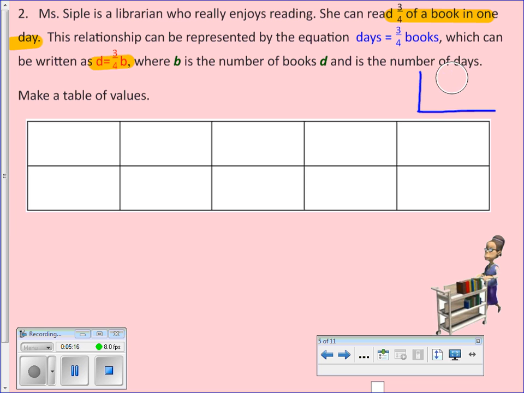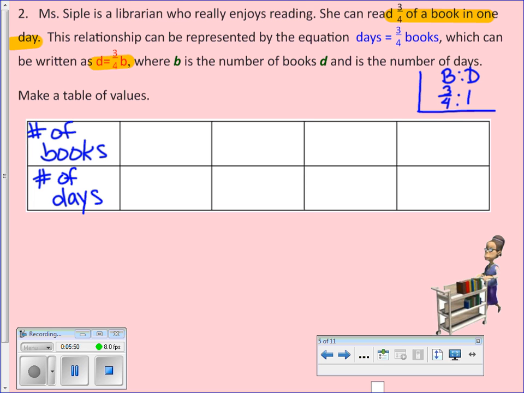In fact, I'm going to switch this around because here it says books in one day. So she reads 3/4 of a book in one day. So what are the two things being compared? Right, so let's fill this in. Number of books, number of days. Anybody have a question with why I labeled each row this way? Where those words came from?